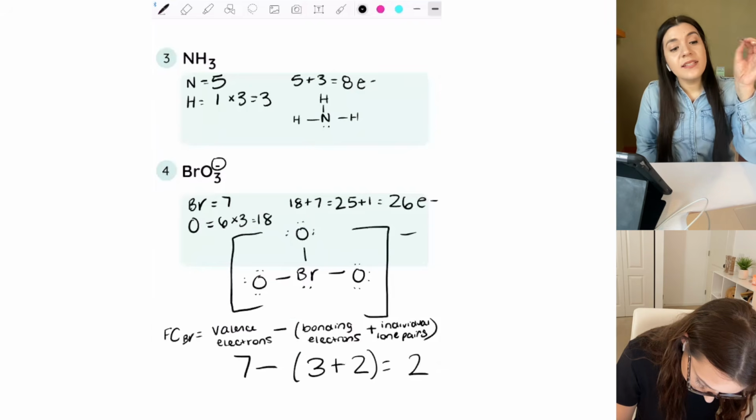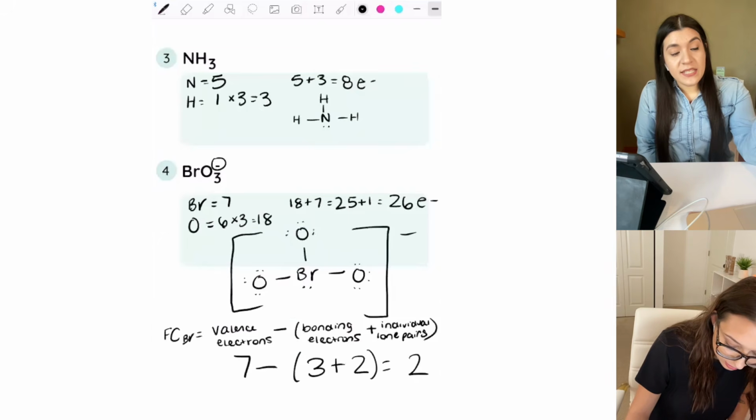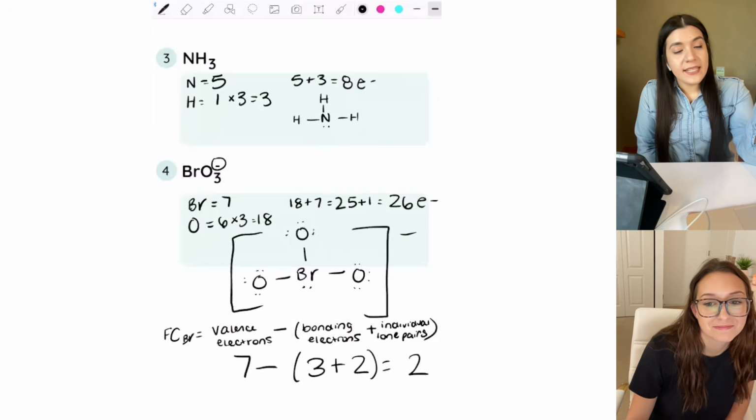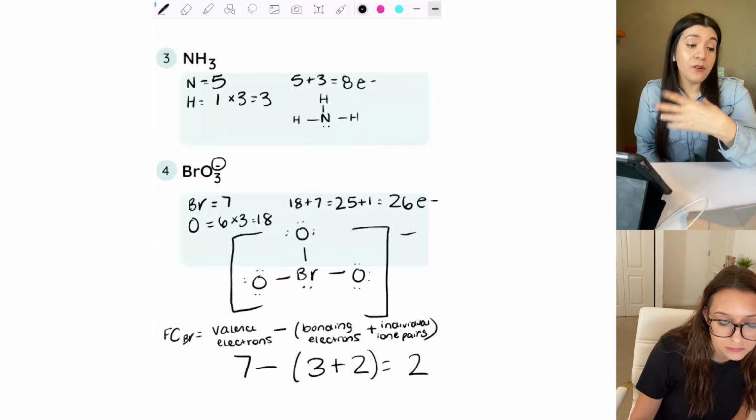Exactly. So because that has a +2 formal charge, it's not happy. It wants to be 0. So this is similar to the last thing we did, where we started adding double bonds to reduce the formal charge of the central atom to 0. So we want to do that again.